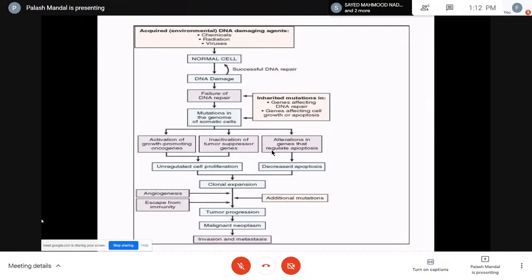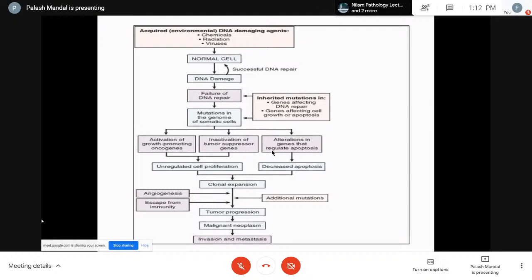DNA repair genes, then the mutations in the genome of the somatic cells progress, and that progression is further facilitated by the activation of growth promoting genes, inactivation of the tumor suppressor genes, or alteration in the genes that regulate apoptosis.